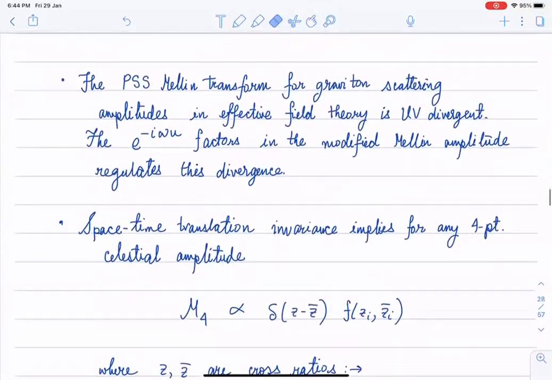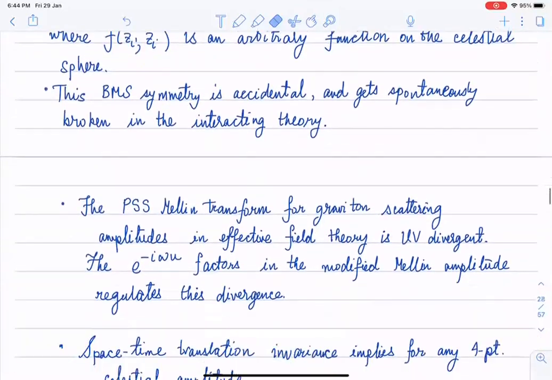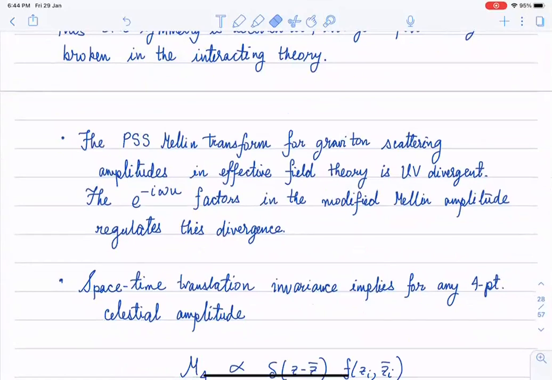There were some other advantages also of this modified Mellin transform, which I briefly touched upon last time, and those had to do with the fact that this PSS Mellin transform, the Pasterski-Shao-Strominger Mellin transform, turns out to be badly behaved if you want to study, let's say, the Mellin transform of graviton scattering amplitudes.